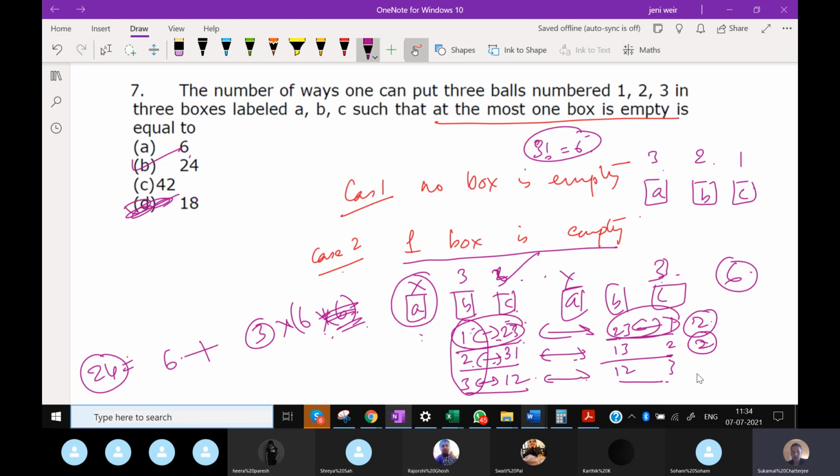I can flip it around. So total number of cases is 6. So for any one box to be empty, there are 6 possible combinations of the other 2 boxes. And I can choose one box out of the 3 boxes in 3 ways. So 3 into 6 is 18, plus 6 will be 24.